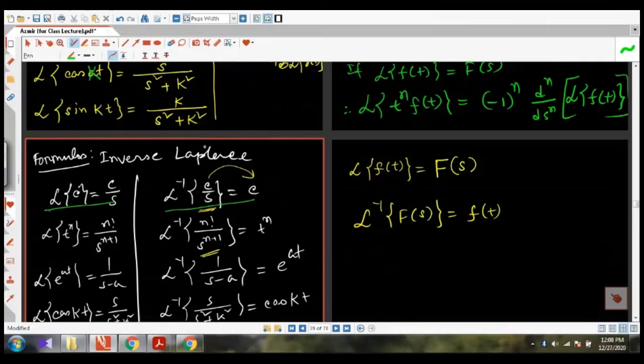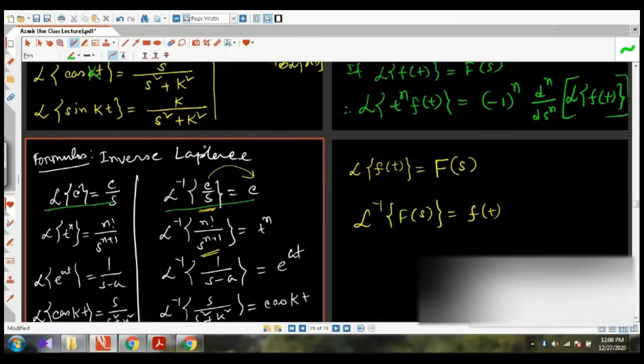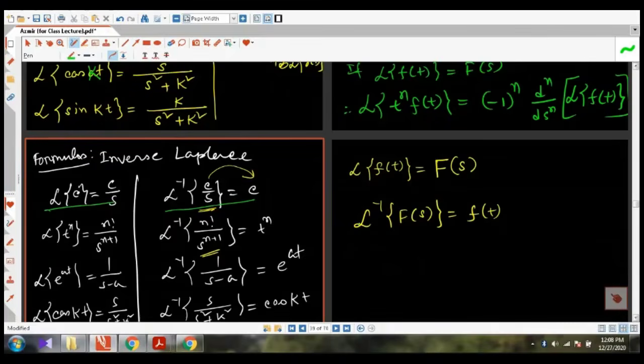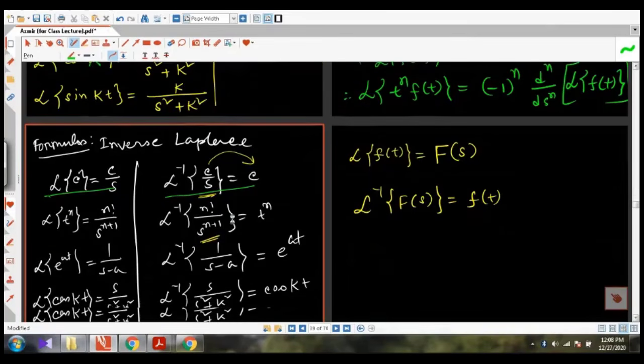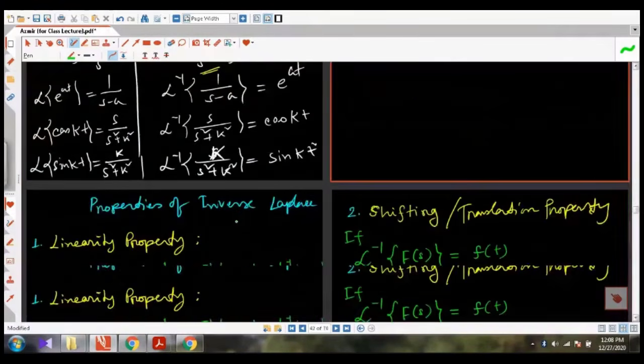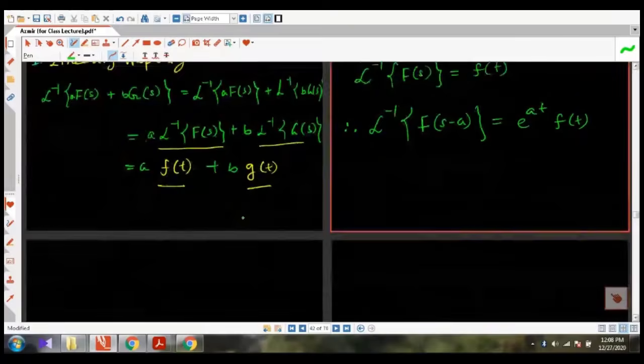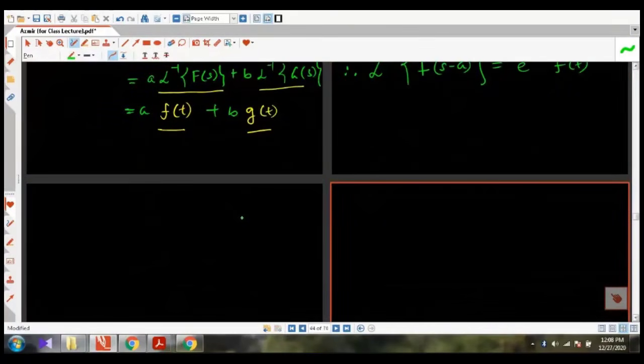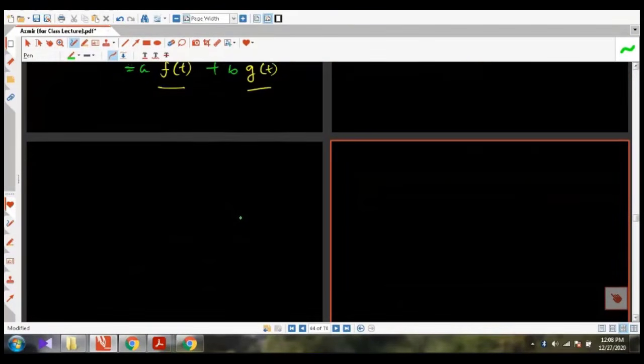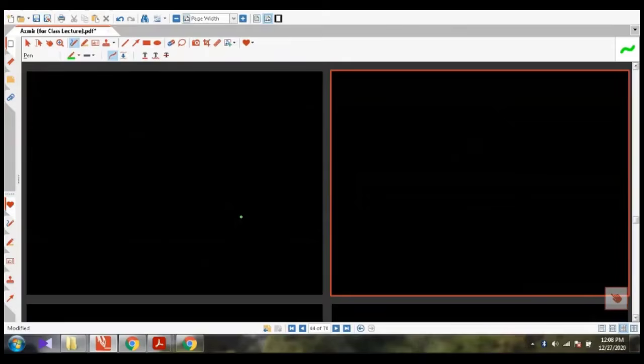That means if we are using inverse Laplace transformation, there will be some problems we may have to face. But let's hope for the best. We can solve any problem because we have the idea of Laplace transformation and inverse Laplace transformation, and we also know the formulas and properties.